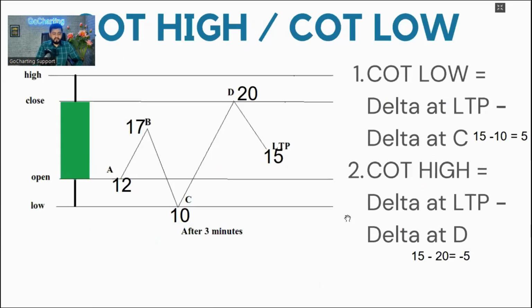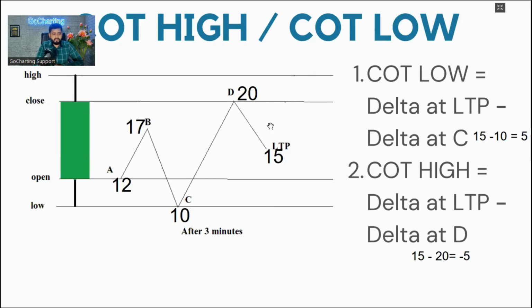Normally the caught high should be negative and the caught low should be positive. But if at the bottom of the market the caught low has turned negative, it indicates that the sellers are more, and they could be trapped sellers. On the other hand, if caught high at the top is becoming positive, it means that there are trapped buyers.